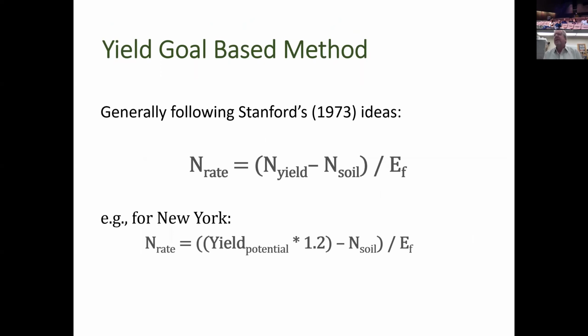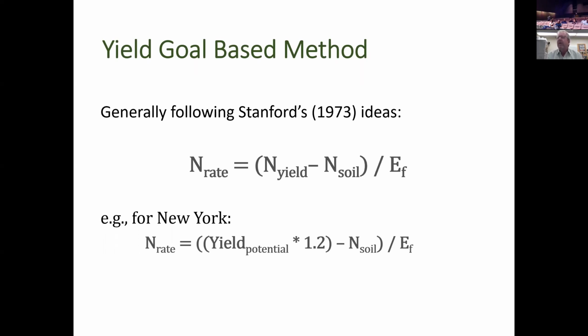So here's an example before I get there of the yield goal based method. This is typically referred to as the Stanford approach. It basically says the amount of nitrogen that's needed is a function of how much is needed to get the yield, minus what's supplied by the soil, divided by an efficiency factor.